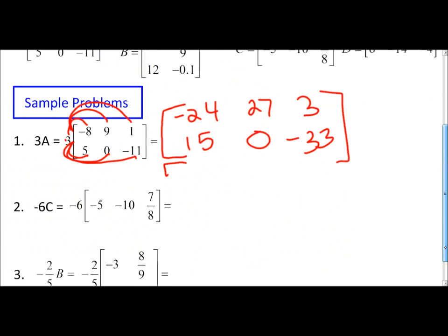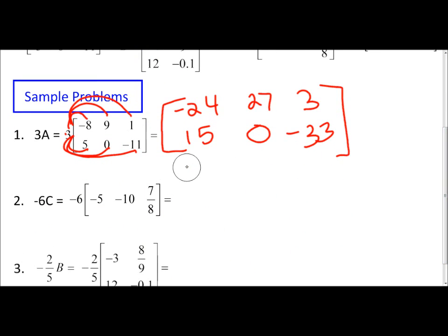Let's look down at the next example here. I'm going to multiply negative 6 times each of these entries in this matrix. This is a 1 by 3 matrix. So I'm going to take negative 6 times negative 5. That is positive 30. A negative 6 times a negative 10 is a positive 60. And finally, negative 6 times 7/8.